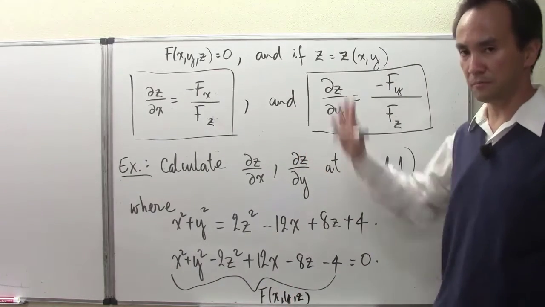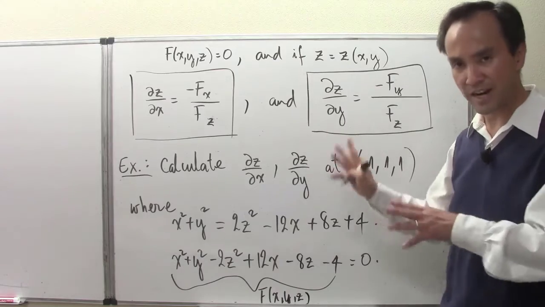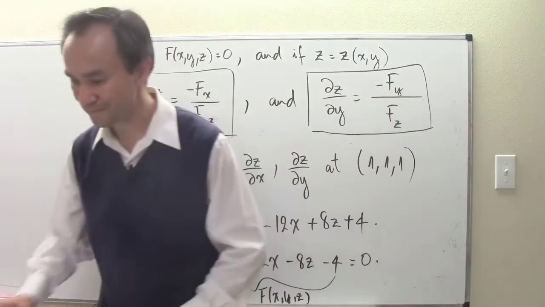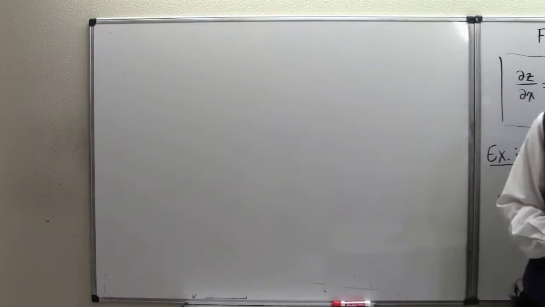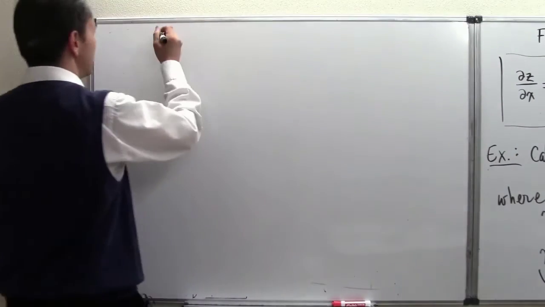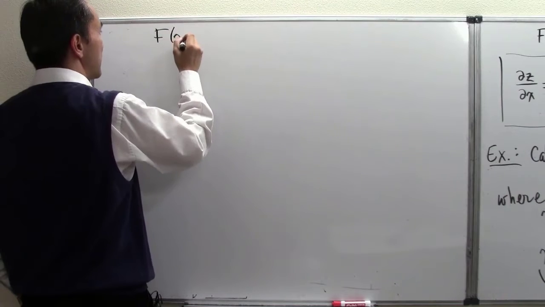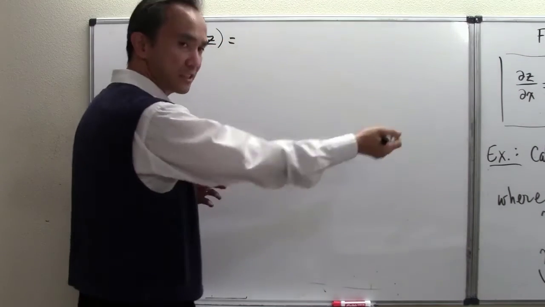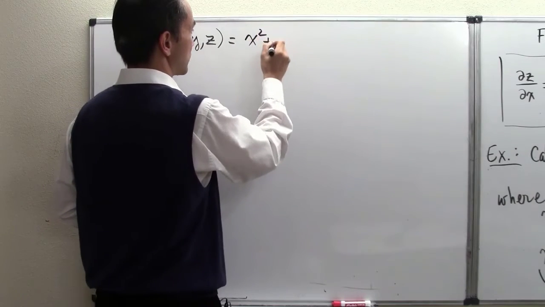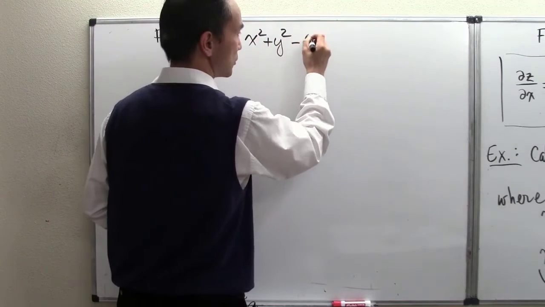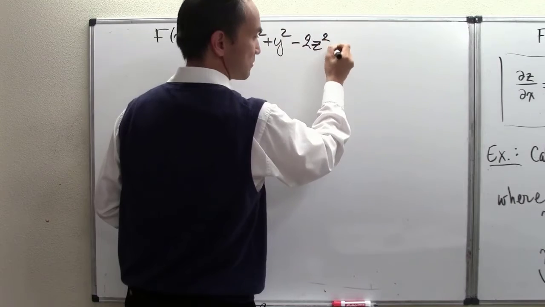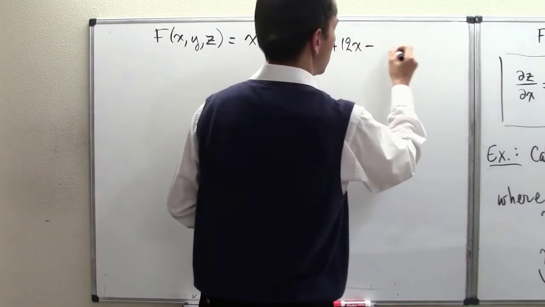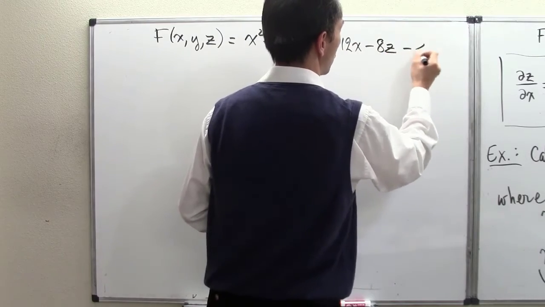So I'm going to move on to the other board and write down the capital F of x, y, and z specifically. F of x, y, and z was recognized from the earlier step: x squared plus y squared minus 2z squared plus 12x minus 8z minus 4.